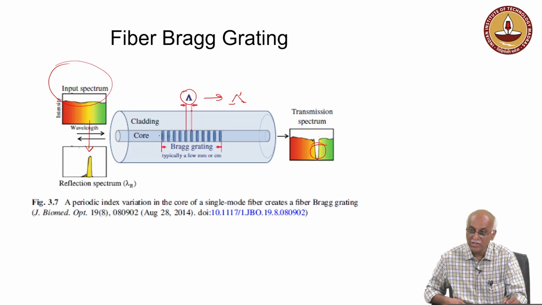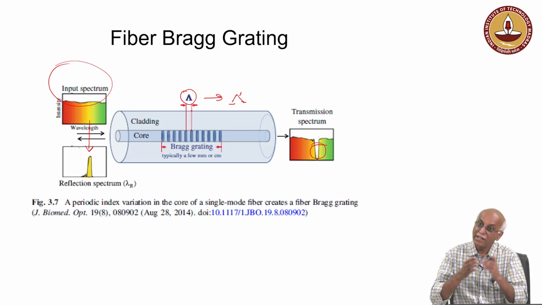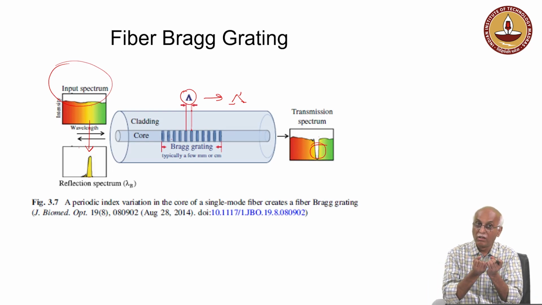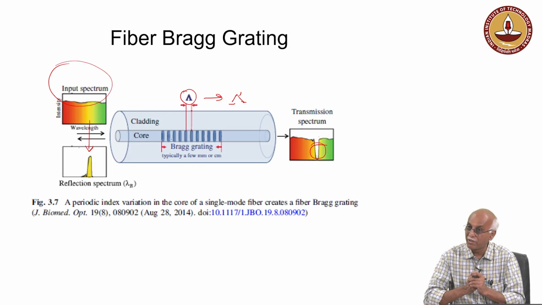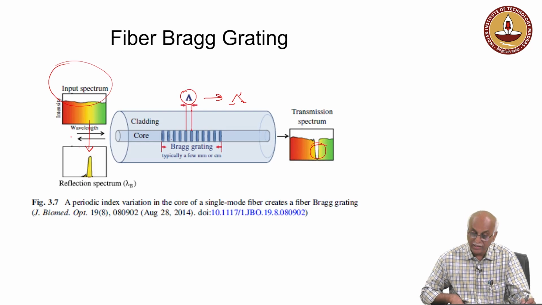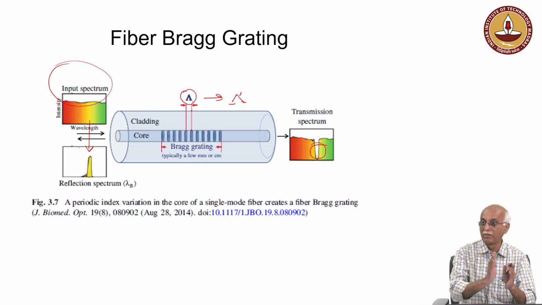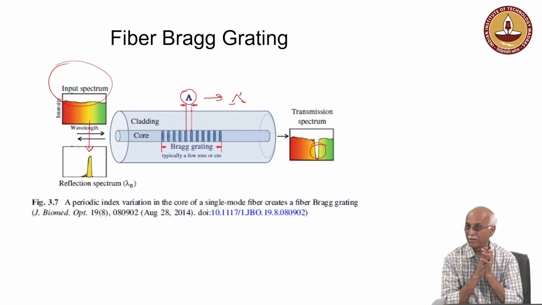If the temperature changes, the length is going to change, and the refractive index will also change. Then automatically the wavelength which is reflected back will change, because the Bragg condition alters the wavelength to be reflected.